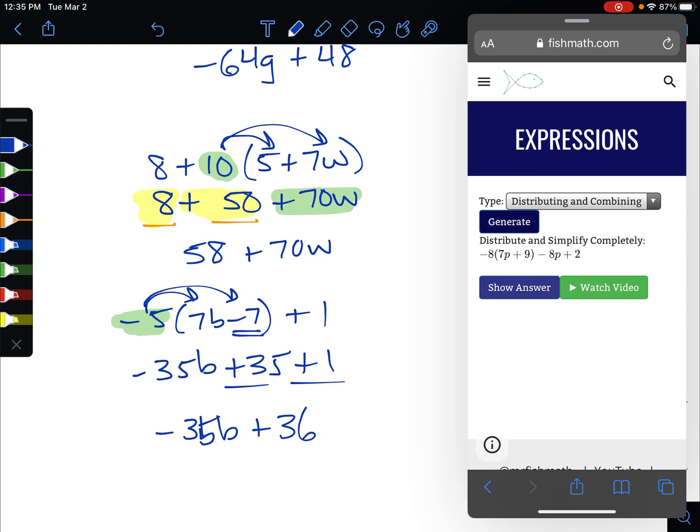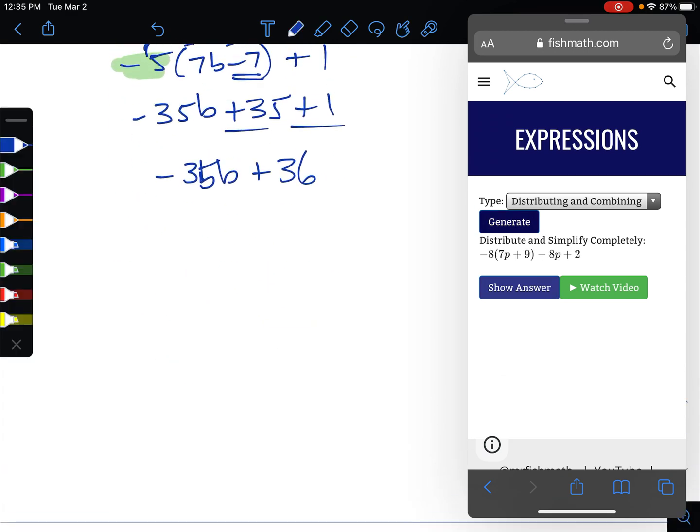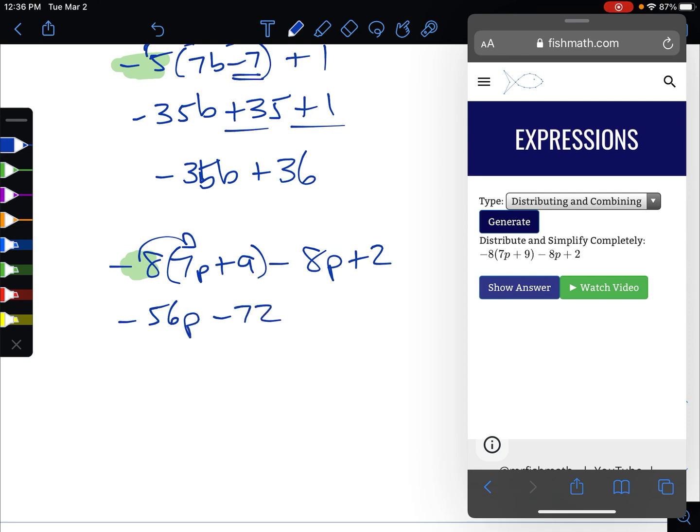There it is. A little more complicated if you have a little bit more pieces to it, like the next one here. Negative 8 times 7p plus 9 minus 8p plus 2. Again, multiply in first. Order of operations, have to always do that first. Negative 56p, and then minus 72 when you multiply in times the positive 9. Bring down everything else. Now we combine like terms.